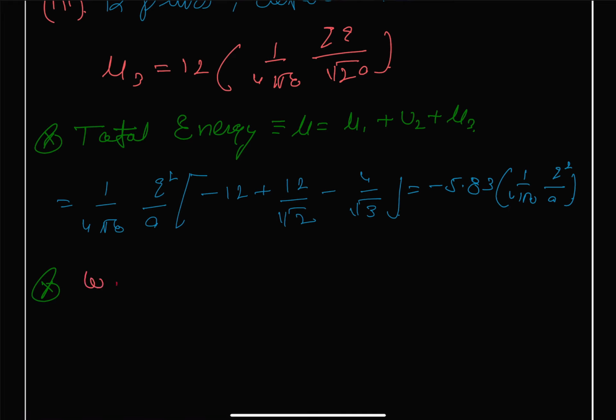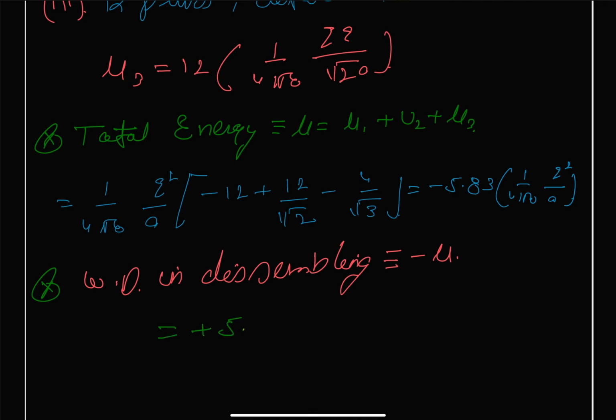So work done in disassembling will be equal to minus of U, which gives us plus 5.83 times 1 upon 4 pi epsilon naught Q square upon A.